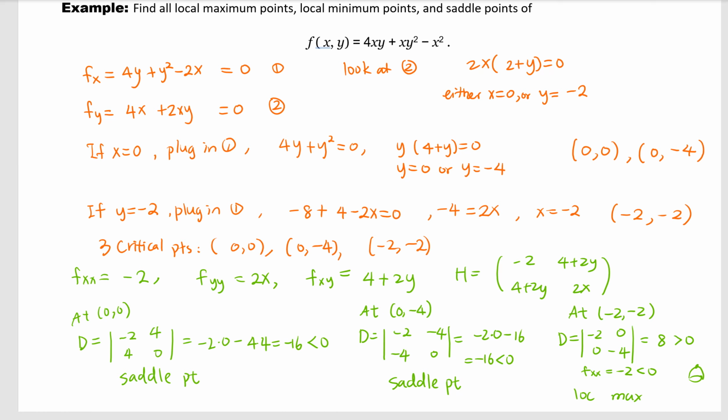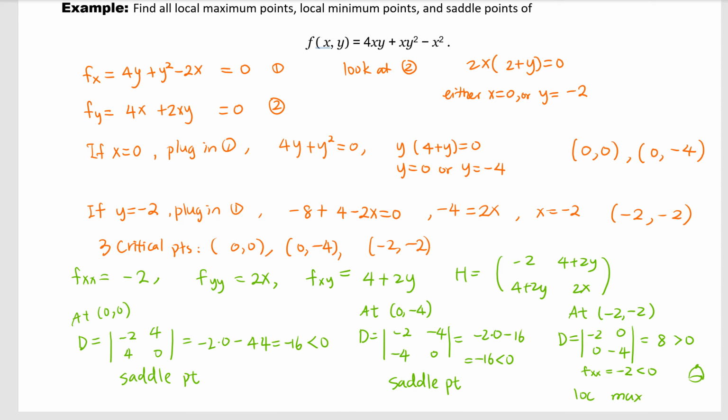Then we can divide into different cases and plug into the other equation to solve. Sometimes if you want to use the substitution method, you can express x in terms of y and plug into the other equation, or express y in terms of x and plug into the other equation.